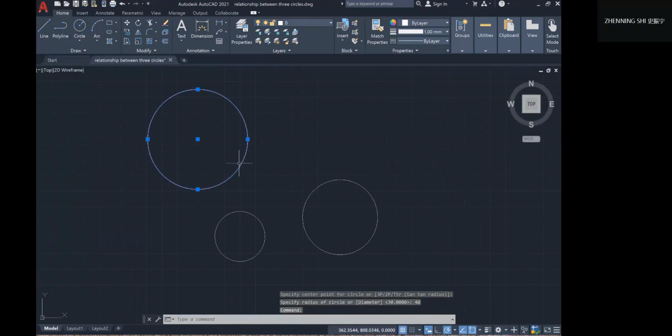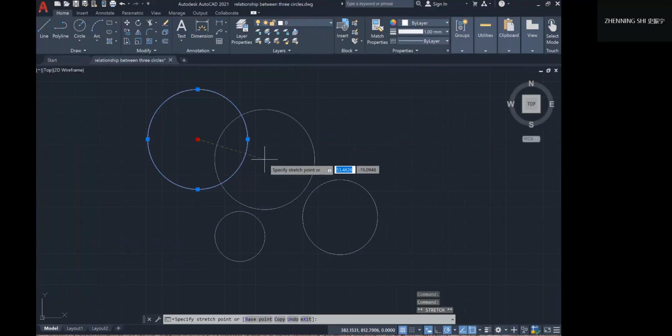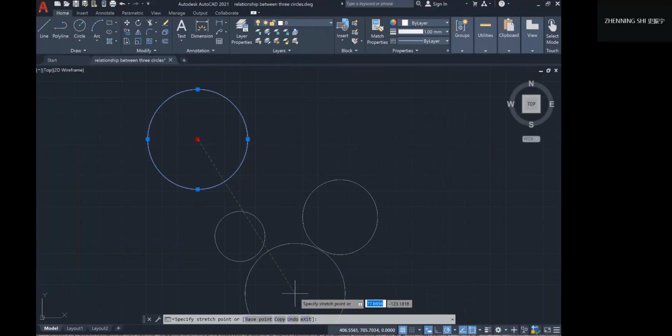So now you want to find this circle. Now this circle is given, and you want to find a place that this circle is circumscribed with this given circle. So how can I find the position of the center?